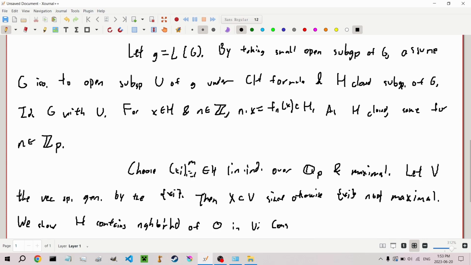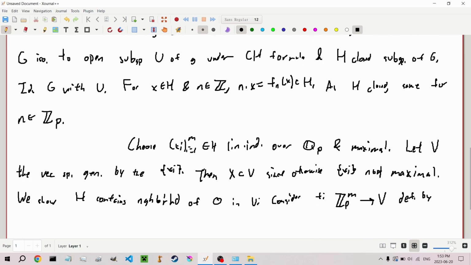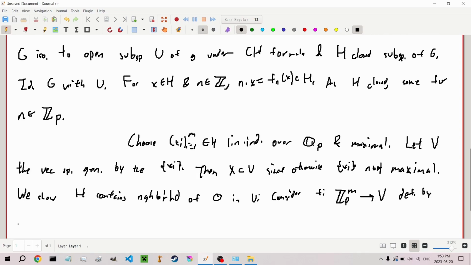First off, we consider the map F from Zp to the m to V, defined by F of t1 through tm as the product of t1x1 through tmxm.